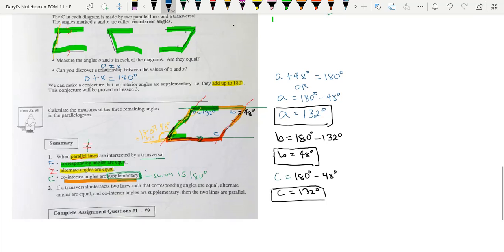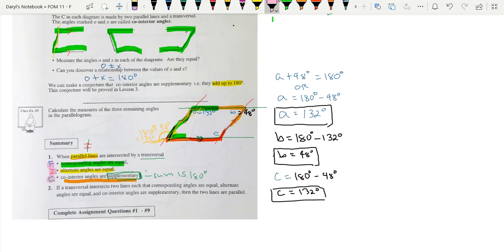You can also make use of these three properties to prove if lines are parallel. Okay, so that is the meaning of the second statement here.